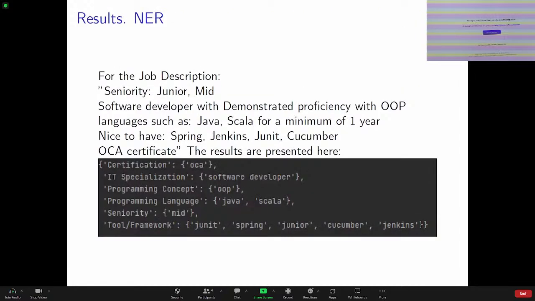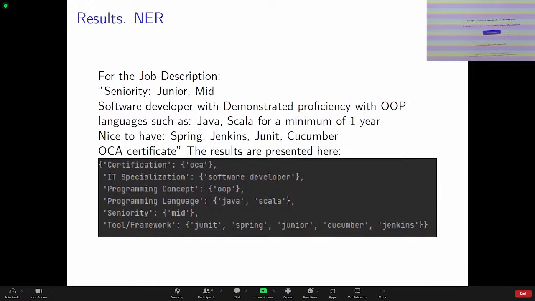Talking about results for the named entity recognition part, we have shown an example of a job description that says we need the seniority for all the candidates to be junior to mid, we need them to be software developers, know languages such as Java and Scala, and technologies such as Spring, Jenkins, and JUnit. As you can see, for the different labels, these are the entities that were recognized by our entity recognition, aided by the knowledge graph.